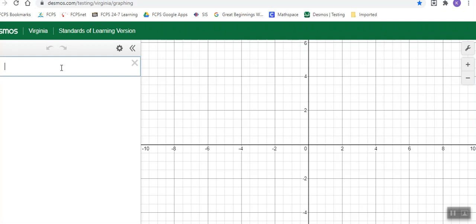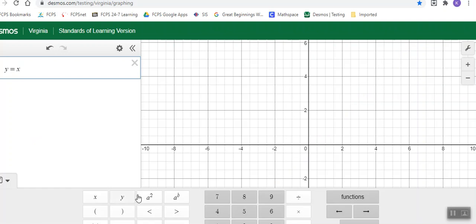So we have y equals x, and then squared, you can either hit shift number 6, or if you hit your keypad in the bottom left corner, you'll also find the squared buttons here. So x squared, and then plus 6x plus 5. This was our first example.